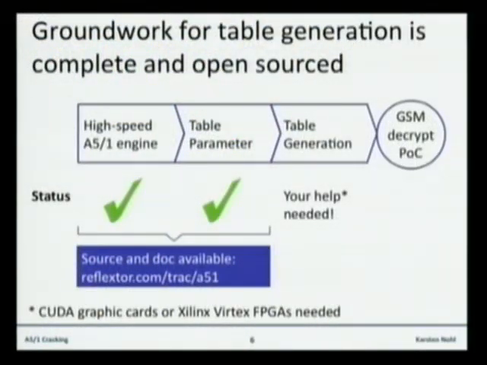The process, as I imagine it going forward now, and most of this has been done already: find an as cheap as possible, as fast as possible engine that can crunch through A5 as efficiently as possible. Then use this engine in a distributed fashion to compute tables.